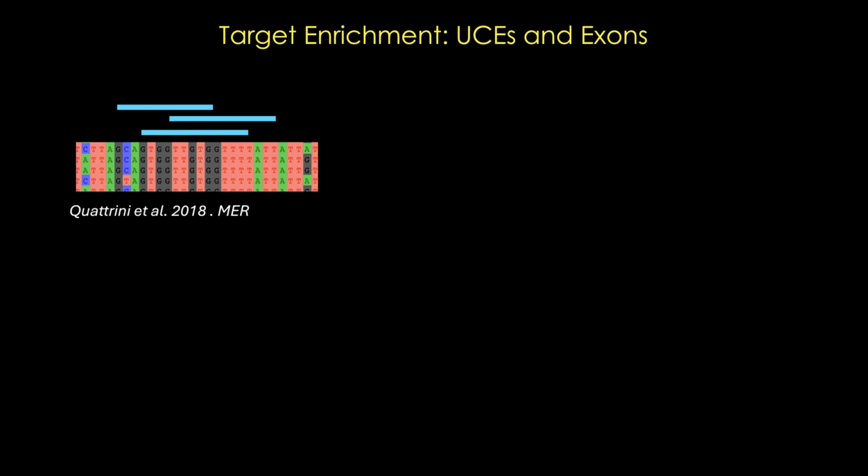Just to walk you through what this is, very briefly, we designed these baits or probes, which are denoted by these blue bars here. And these baits are designed to hook on to very conserved regions of genomes. But simultaneously, you're able to sequence through more highly variable flanking regions that flank either side of these conserved regions.